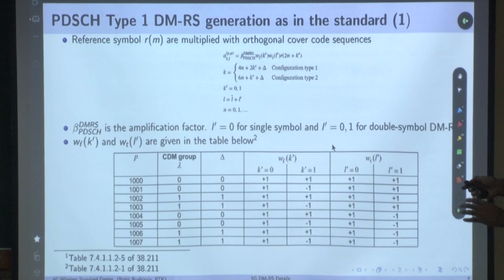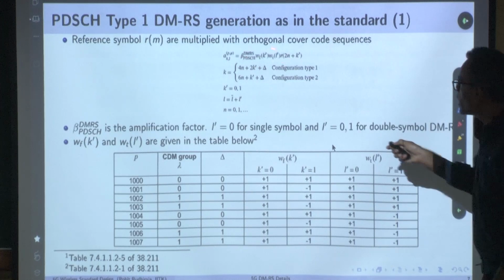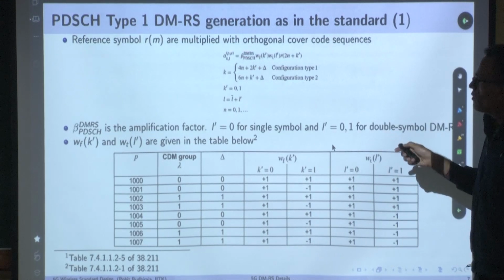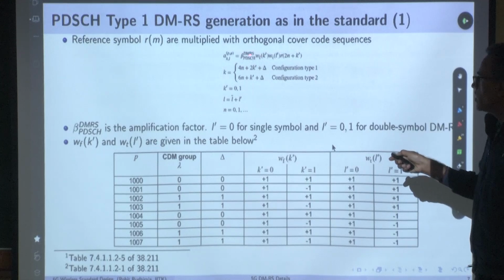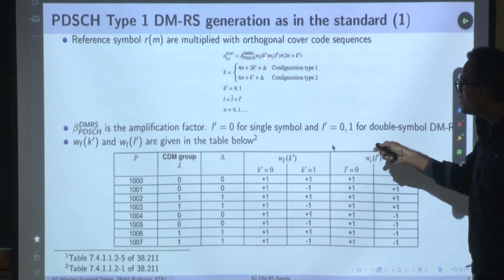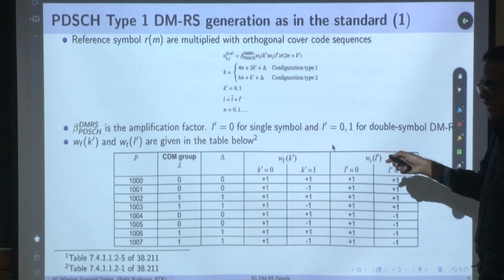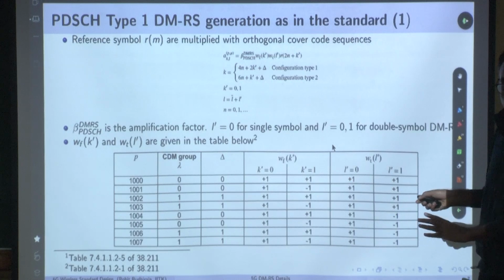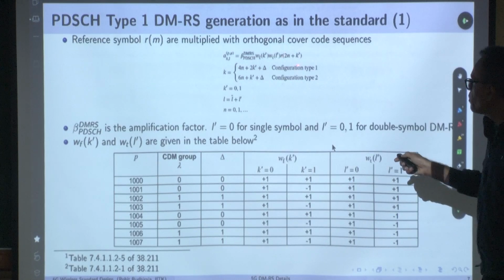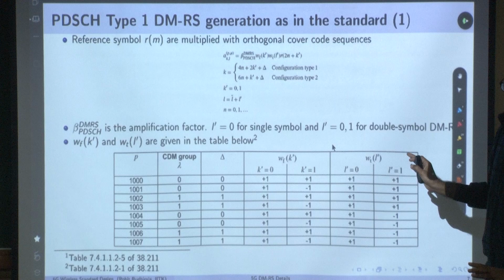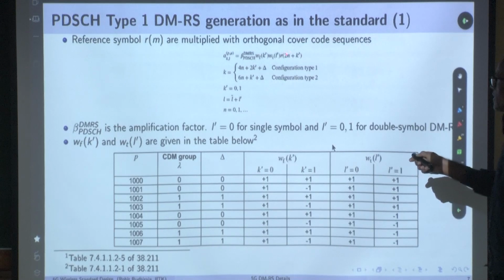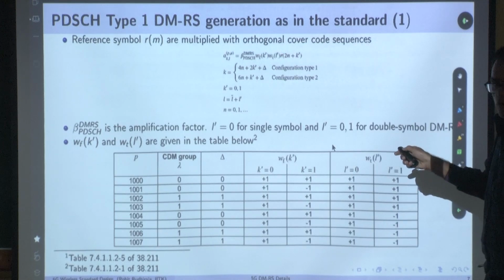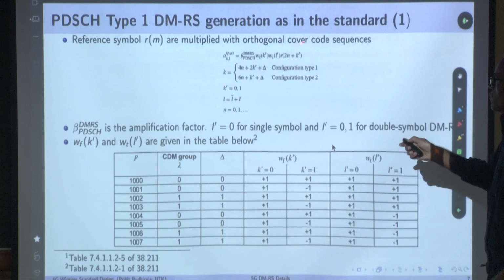So what are we saying here? Just to summarize, with the help of this expression, first we understand in detail: these are two orthogonal covers. These sequences are used to generate the orthogonal code covers, and this is the base sequence, the QPSK modulated DMRS sequence which is used.